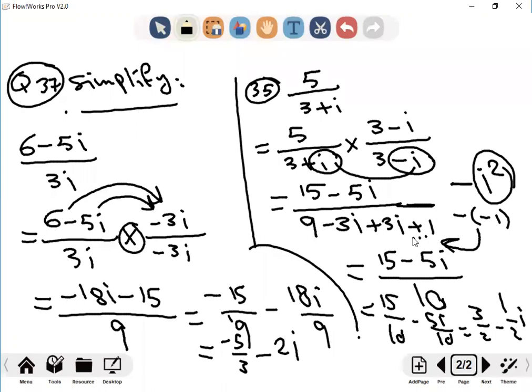Now I'm in 3-4, solving quadratic equations by factoring.